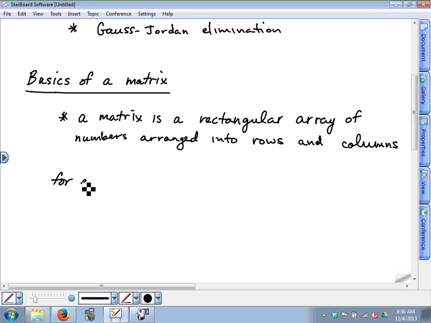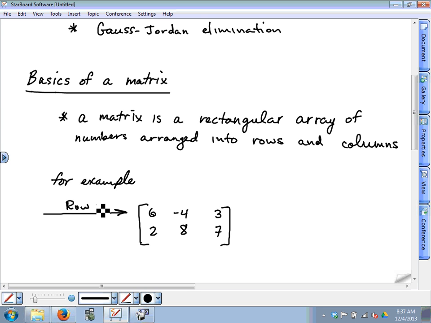For example, here's a matrix. It's enclosed within brackets. Measured this way or looking along this way, these are what are called rows.